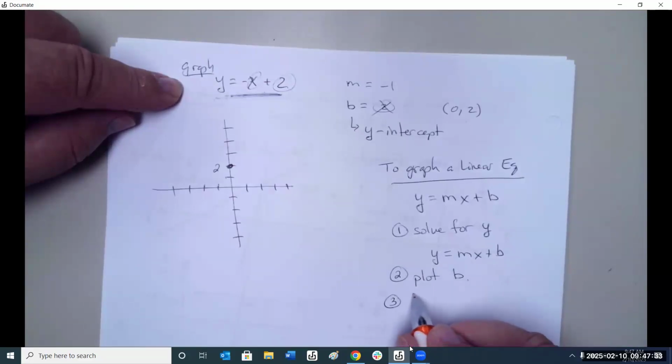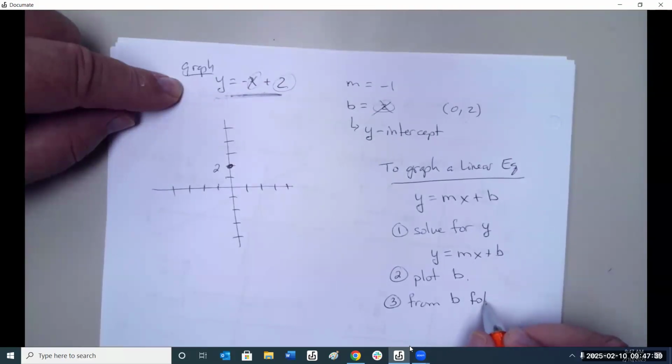Step 3, from your B, follow the slope to the next point.